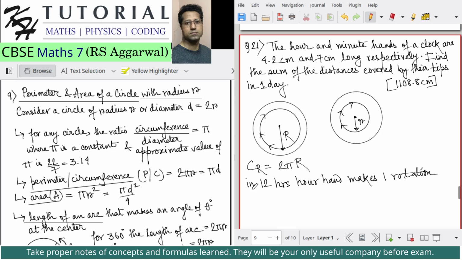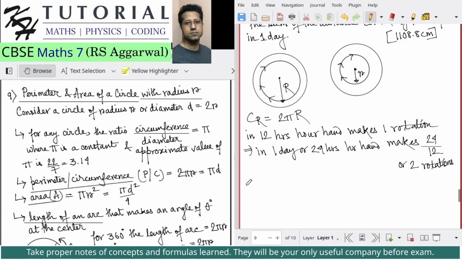So this implies in one day, or 24 hours, using the basic concept of the unitary method, the hour hand makes 24 by 12, or 2 rotations. 2 rotations are made by the hour hand in one day.